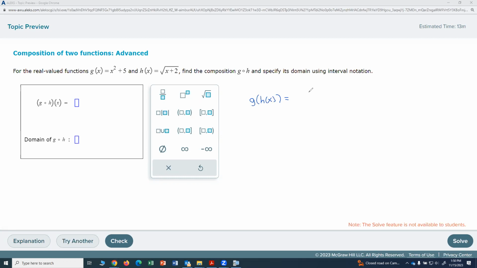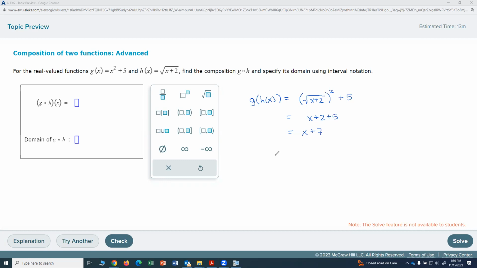I'm going to plug the h of x into the x in g. So I'm going to have square root of x plus 2, quantity squared, plus 5. That would give me x plus 2 plus 5, so my result is x plus 7.